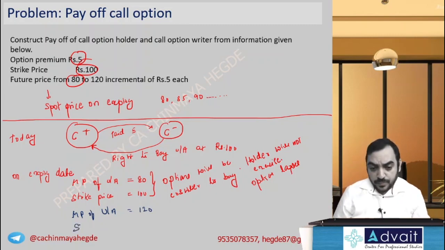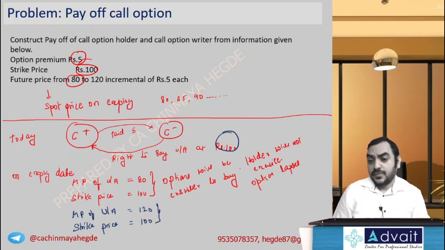What will be the strike price? Strike price continues to be 100. That does not change. That is already agreed. We have already agreed. If you are buying, you'll buy at 100. Now, if you go to the market, you will buy at 120. If you come to the options, you will have 100.